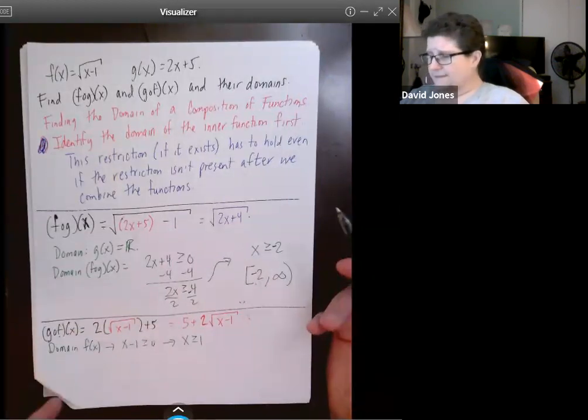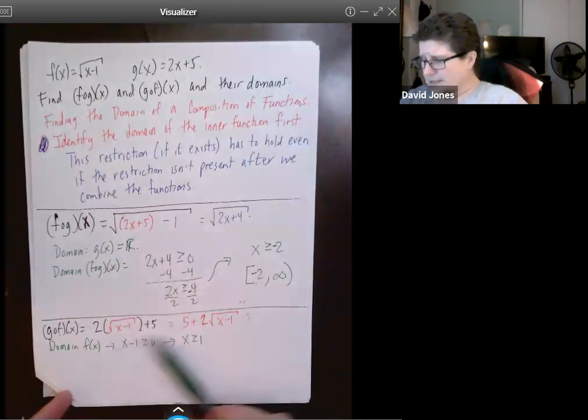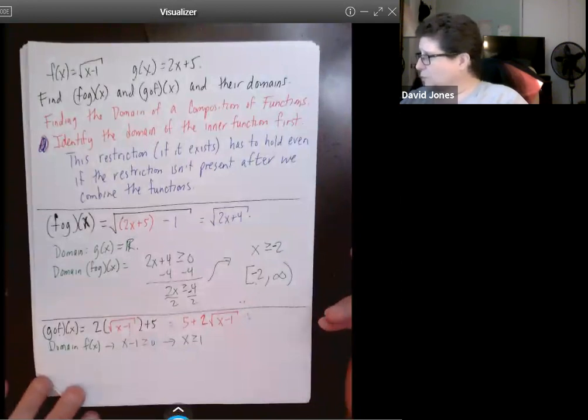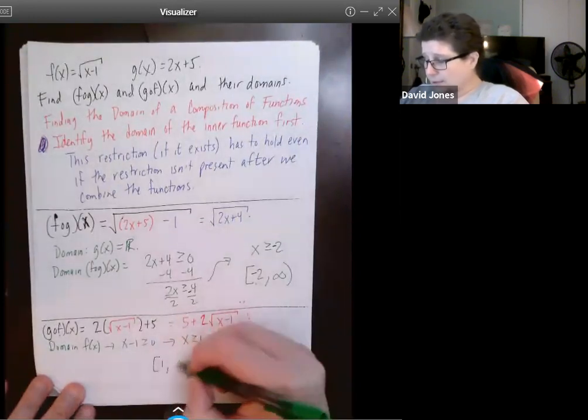And even though g of x, this is going to have a similar domain, right? That's still the only spot that has a violation. g of x didn't have a problem, so that's the domain restriction. It's got to be greater than or equal to 1.